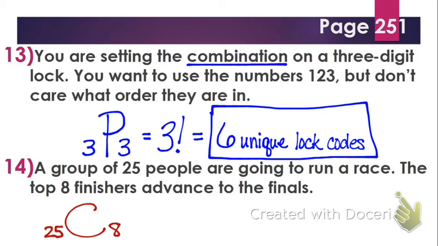25 people. 8 get to move on. How many different ways could these top 8 finishers be chosen?